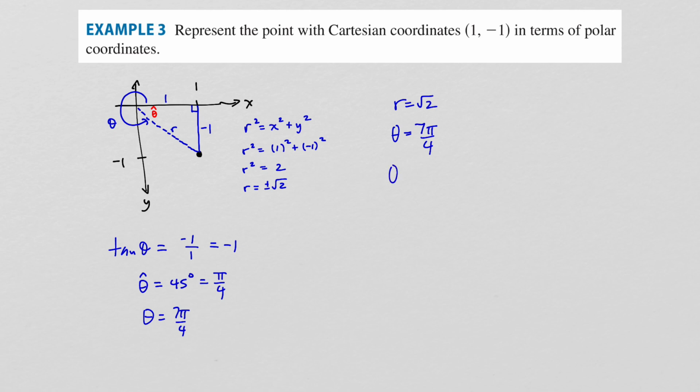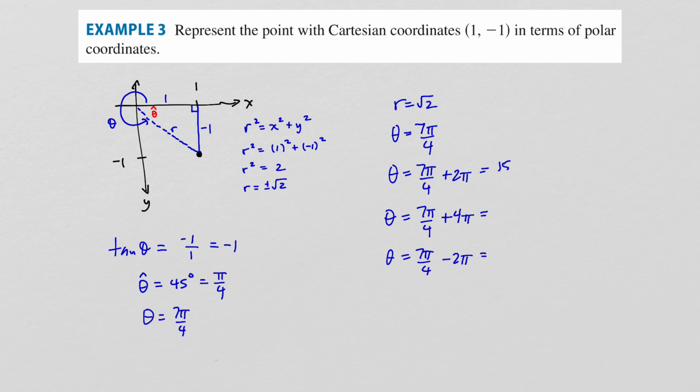Another value for theta I could use would be to take the angle 7 pi over 4 and add a whole revolution to it. Or I can take that angle 7 pi over 4 and add 2 revolutions to it, right? Or I could take that angle 7 pi over 4 and subtract a full revolution from it. And all of these are going to produce coterminal angles with 7 pi over 4.